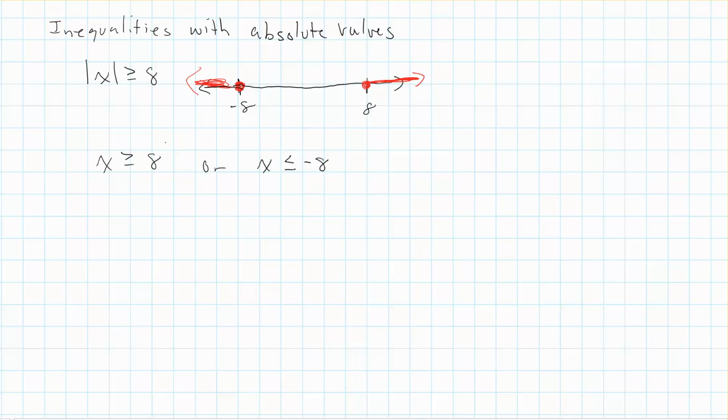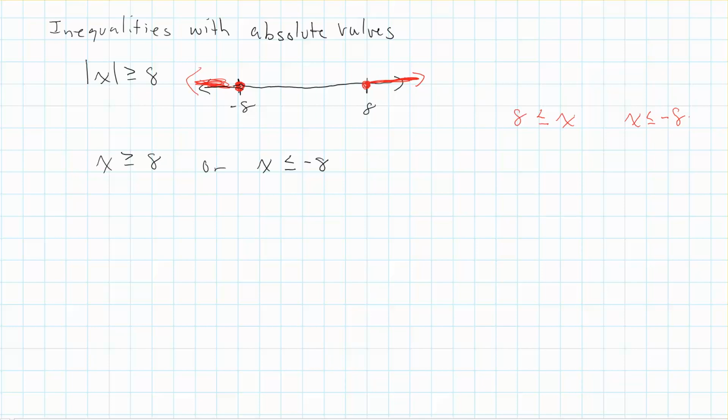Now, this is where you have to be careful, because in the previous video at the end, we tried to write these as one long inequality, and we can't do that here. The reason you can't, I'll do it as an aside. If you can write it as one long inequality, we want to do that, but we can't here. If we write this, 8 would be less than or equal to x, and x is less than or equal to -8.